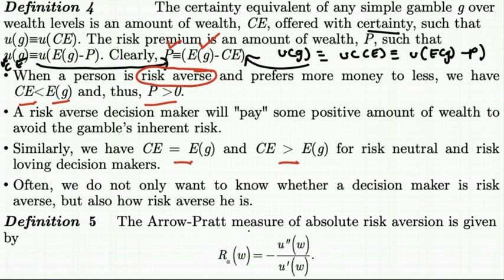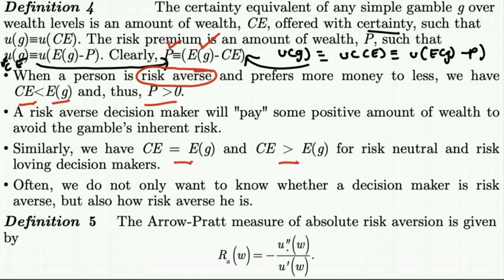Now, this formula says that the coefficient of absolute risk aversion is actually the negative ratio between second derivative of expected utility of wealth or gamble over first derivative of utility of wealth or lottery or gambling. Okay, don't forget the minus sign here.